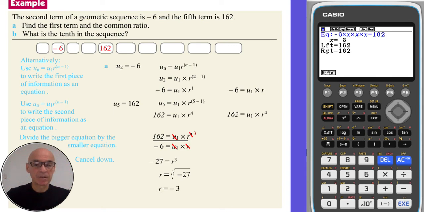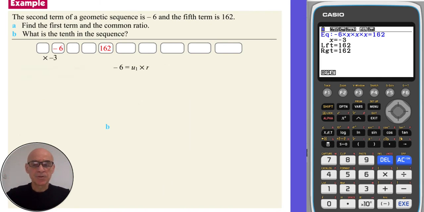Again giving r equals negative 3, as before. Then to find u1, if we substitute our value of r, negative 3, back into the first, which is the easier equation, and solving that by division again gives u1, the first term, is 2.